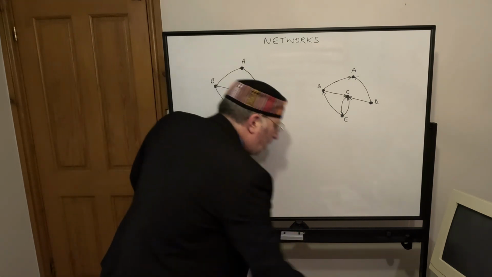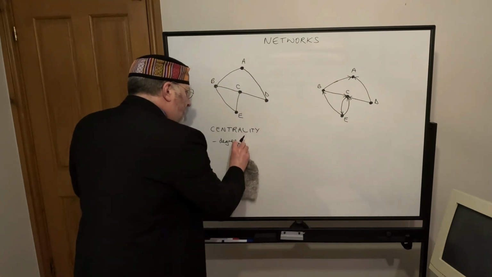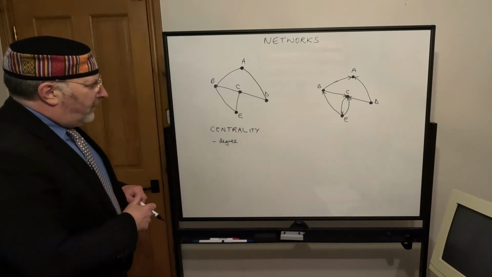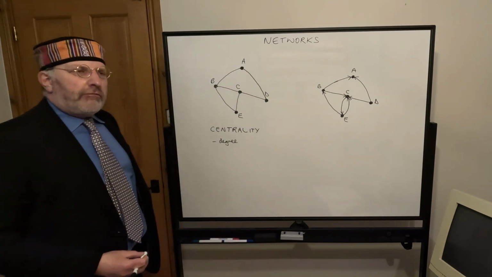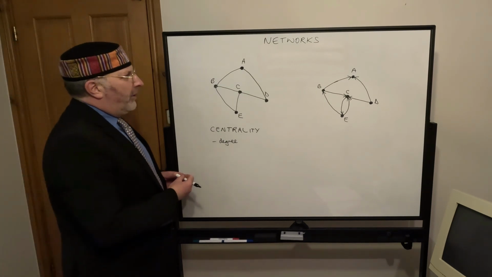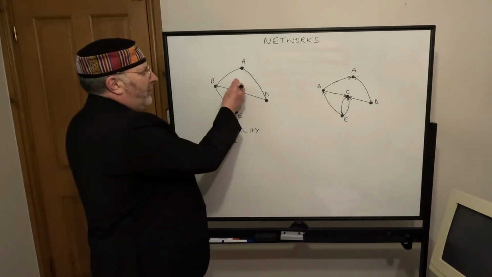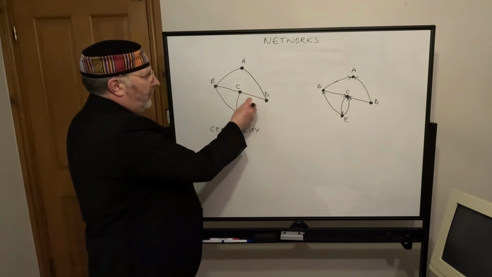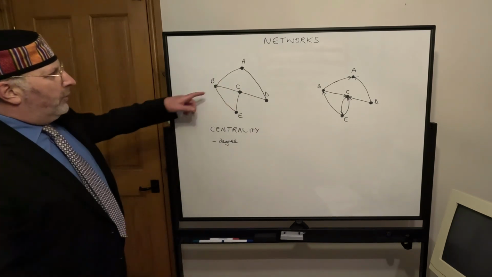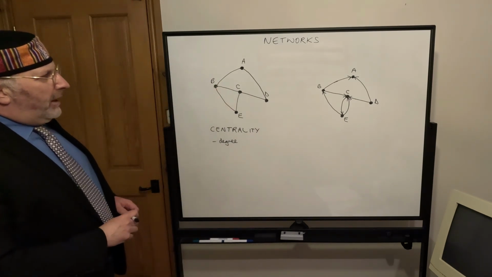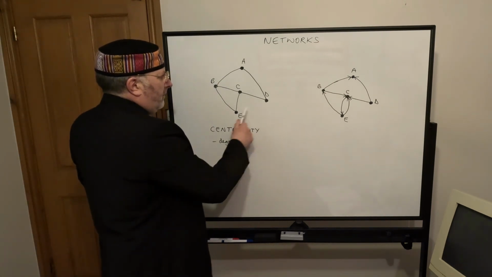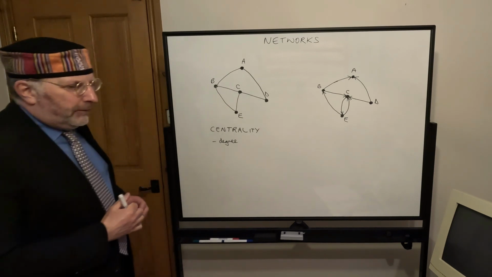I'll just mention three main ones, though there are subcategories of each of these. The first measure of centrality is just the degree of the node. The most important nodes would be the ones that have the highest degree. So in this case, C and B would be considered the most important because they both have degrees of 3, and the others only have a degree of 2.